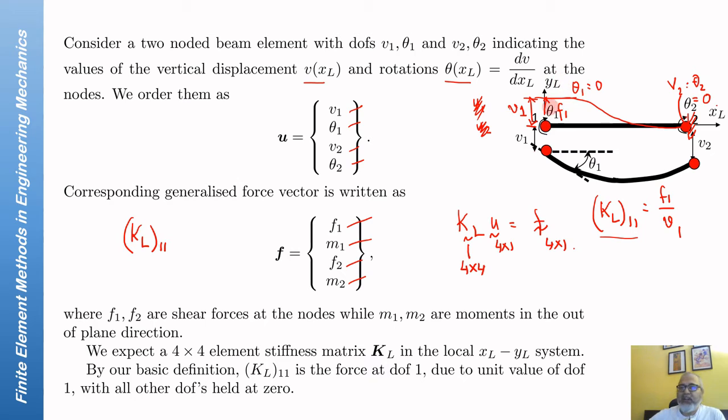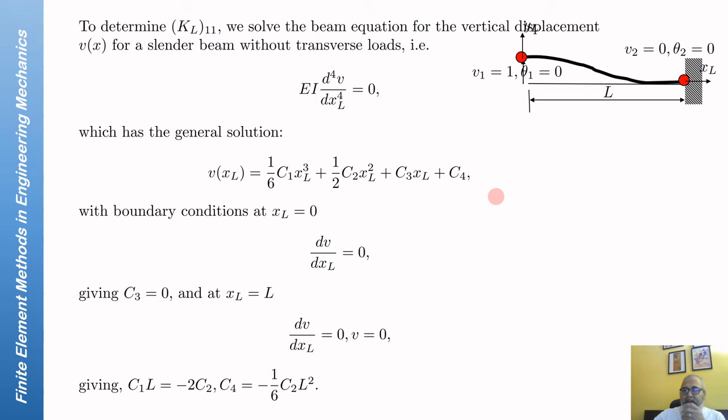But remember, there are other forces and other moments which will be used for calculating the other elements of the element stiffness matrix. So now let us try and calculate KL11. To calculate KL11, we solve the beam equation. You would recognize this as the beam equation that you did in your strength of materials courses.